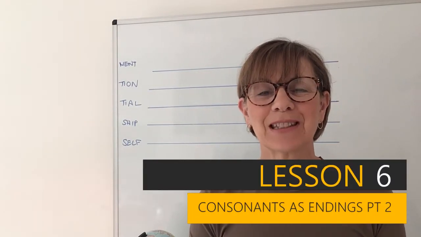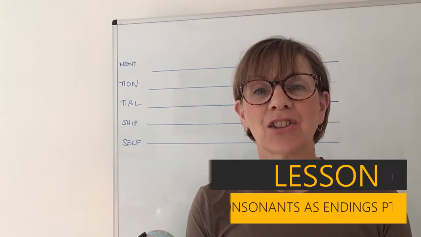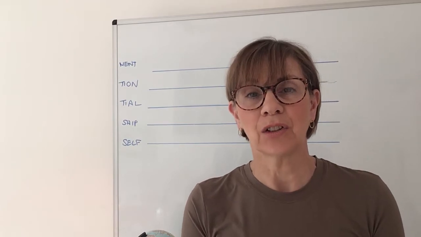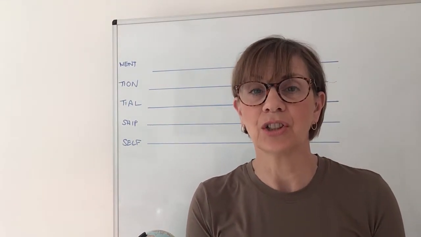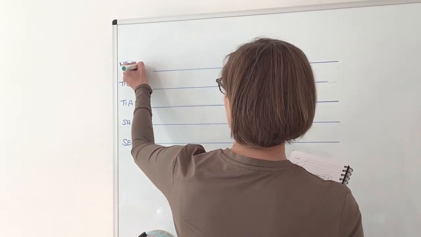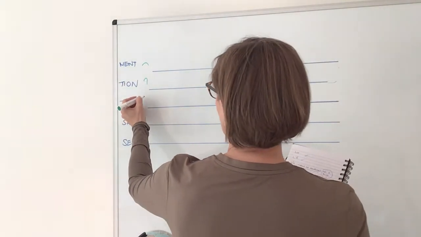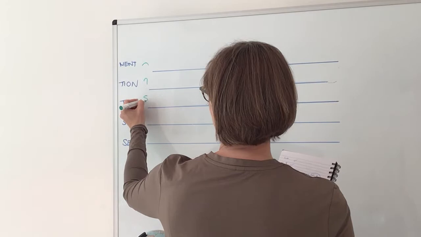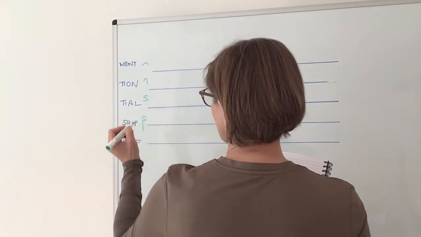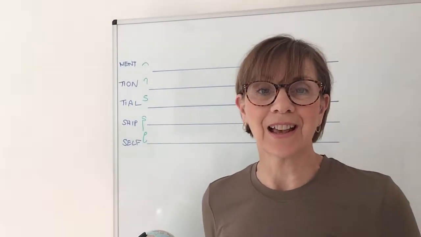And here we come to the rest of the consonant endings, and as I mentioned, I suggest you learn them individually. So you've had C for unce, CH for unch, and now you've got these. You've got an M for meant, an N for shun, an SH for shall, SHP for ship, and an SL for self.